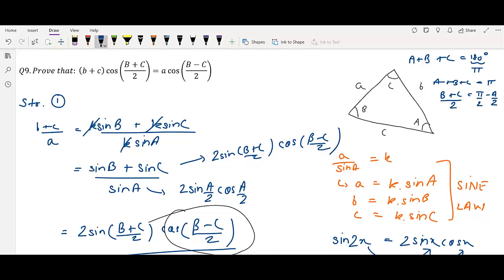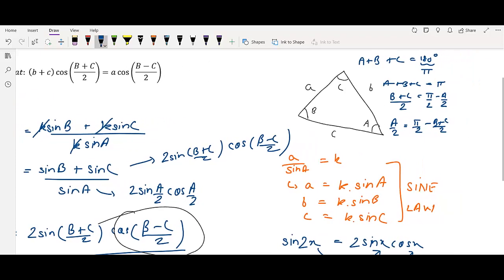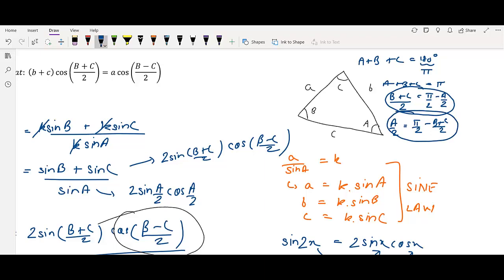And the same can be written for a by 2: a by 2 becomes pi by 2 minus (b plus c) by 2. So let's keep these in mind because we are going to use them.